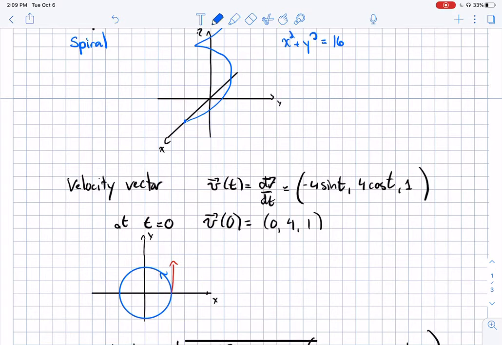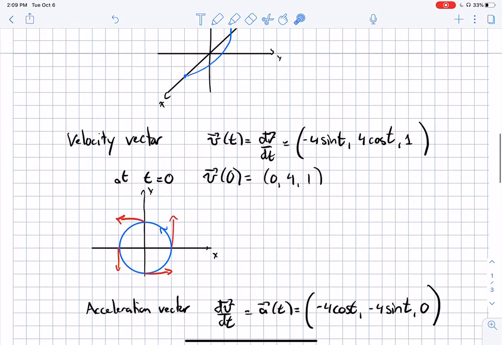And if you do it, let's say for t equals pi over 2, then what you're going to get is the velocity minus 4, which goes in the x direction. So the velocity is always tangent to the circle in the xy direction. So you swirl around like this in the xy and you go up at the same time.